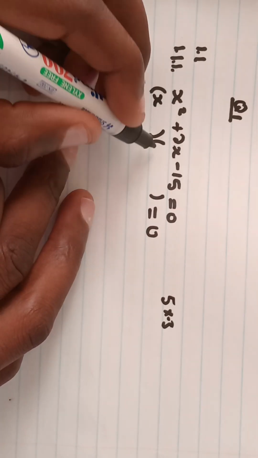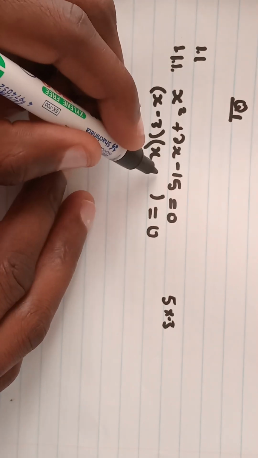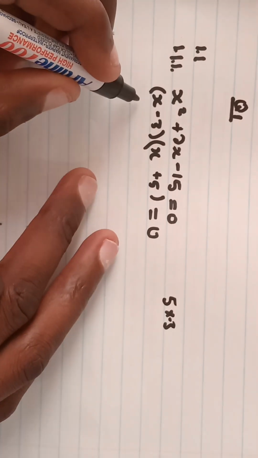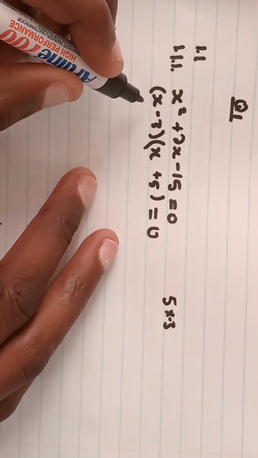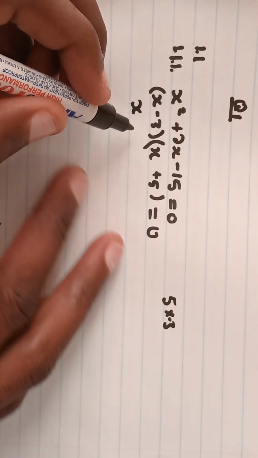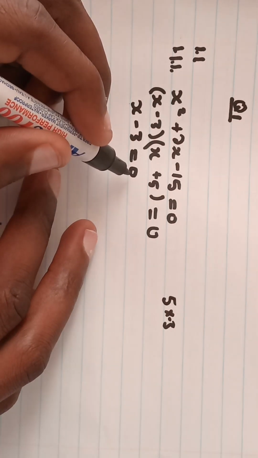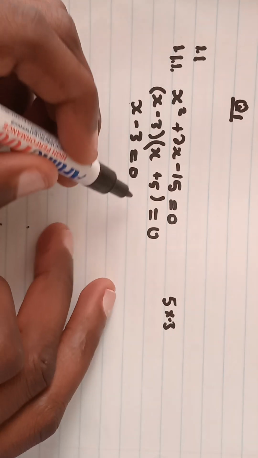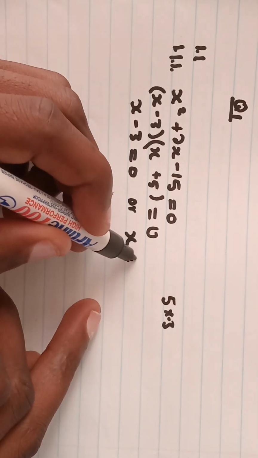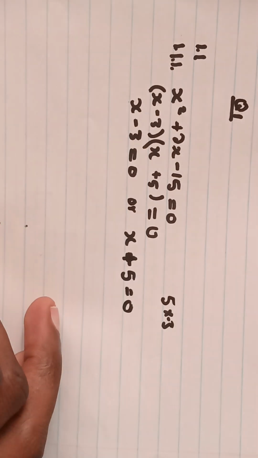So x here, then x here. We said it's negative 3 on one side and positive 5 on the other side. So x minus 3 is equal to 0, so that we can get the x value, and x plus 5 is equal to 0, sorry for that.